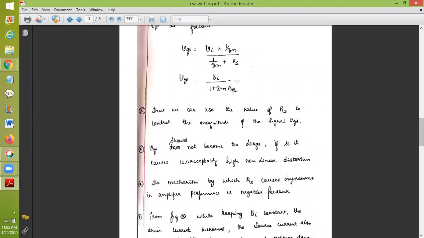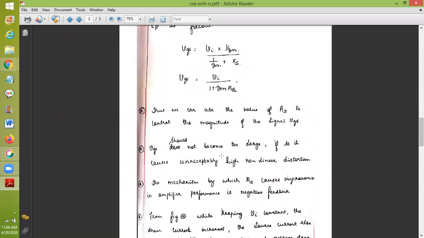Very important: if I increase the value of Rs, VGS decreases. If I decrease the value of Rs, VGS increases. That is how we can obtain the desired magnitude of VGS by varying Rs.